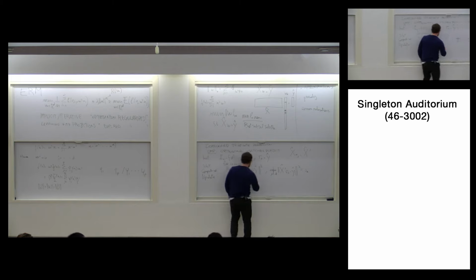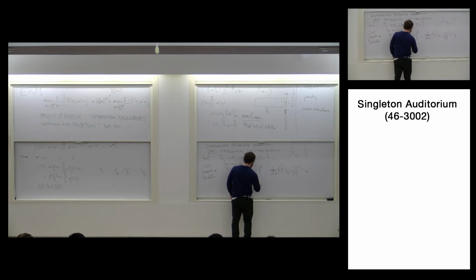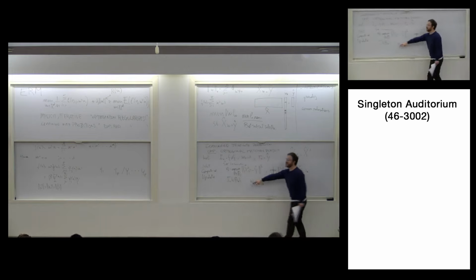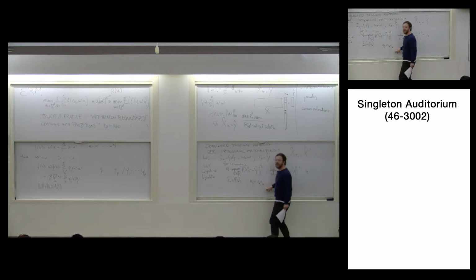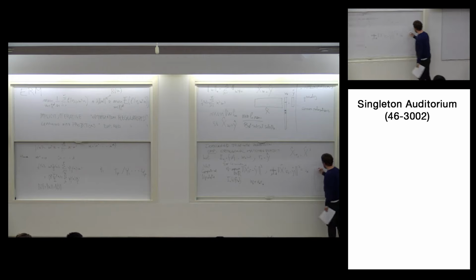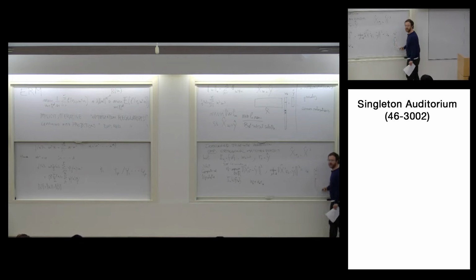Then I have to say what is w, and this is somewhat one way to say it, which is easier to say than to do. So what this means, you have a vector of all zeros. You take now the vector that has all zeros, but in the j star position.